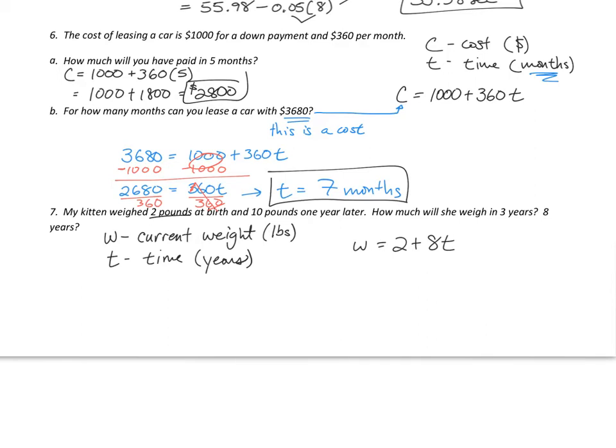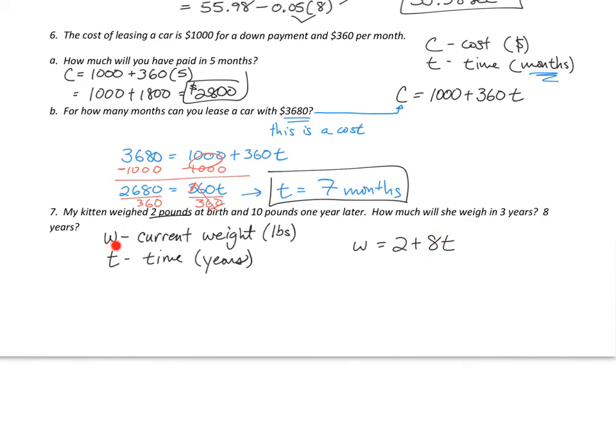All right, as far as the kitten is concerned, the kitten weighed 2 pounds at birth and 10 pounds 1 year later. So between these two numbers, there's a hidden rate. If you take the difference of these numbers, 10 minus 2, you can see that the rate would be 8 pounds per year.